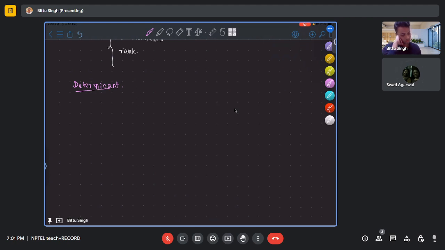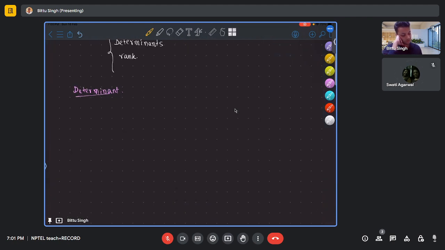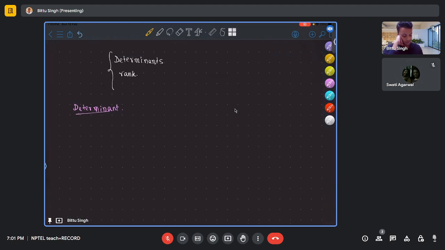Yes, it is true that you can define rank in many different ways. One measure of rank is the rank of the row space, and this is actually the same as the rank of the column space.